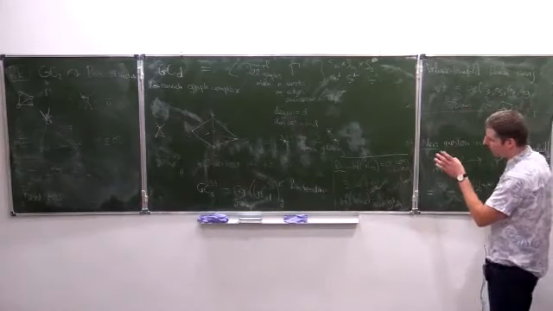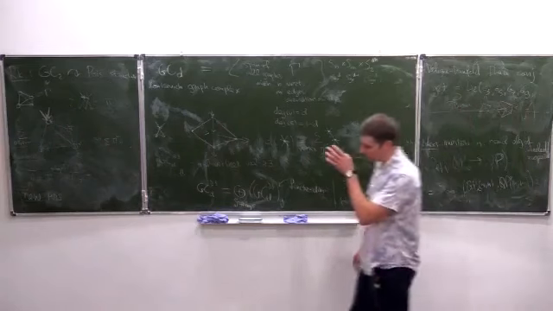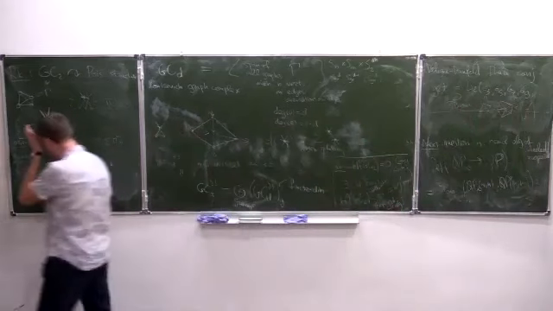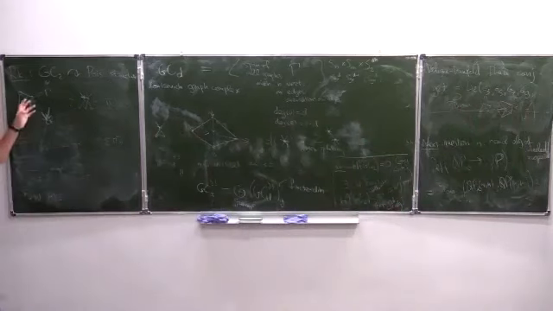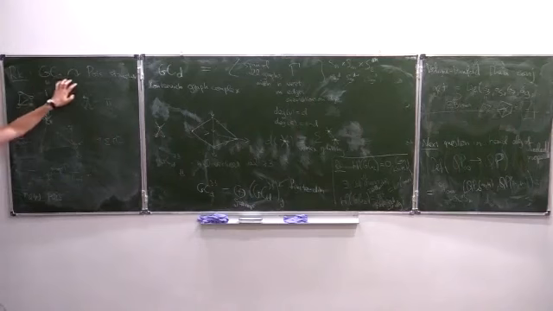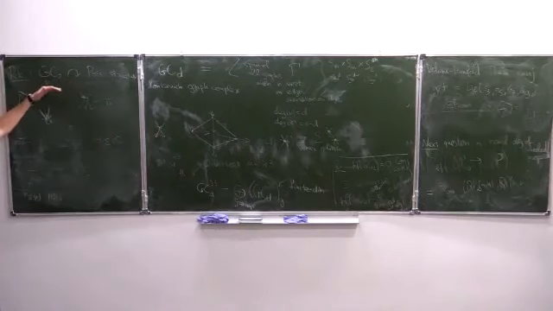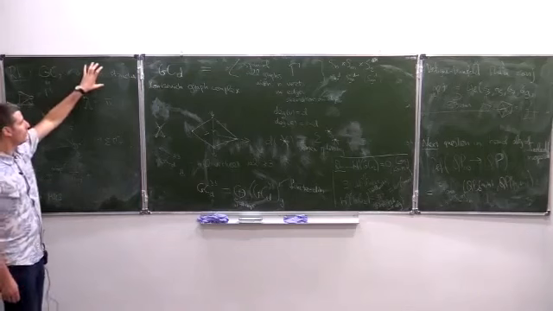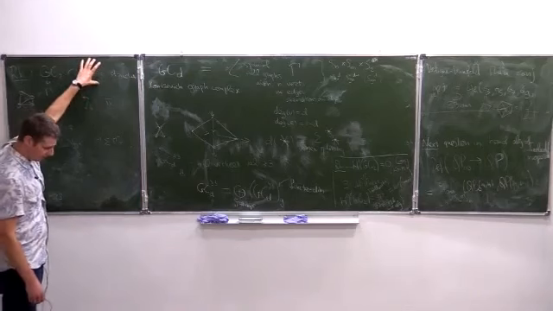Okay, so let me try to explain a bit more about this graph concept, and the relationship between the graph complex and Poisson structure. The first story is that on the homotopical level, this action is a faithful action.